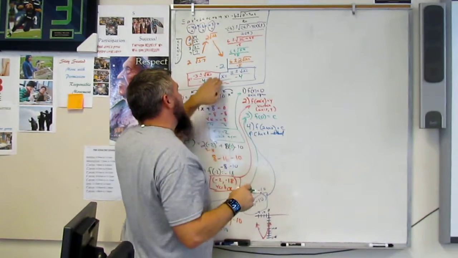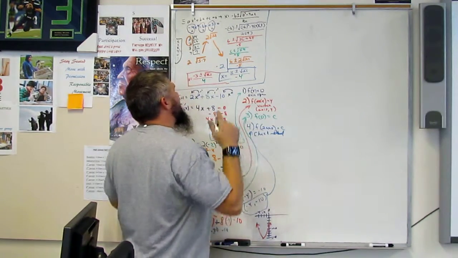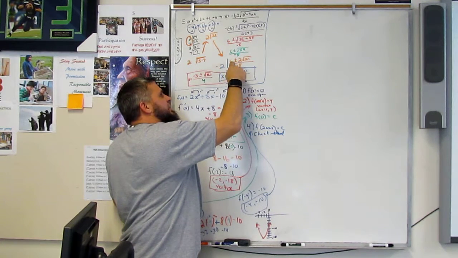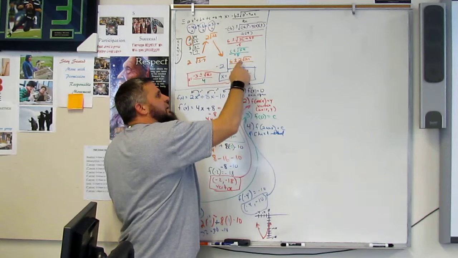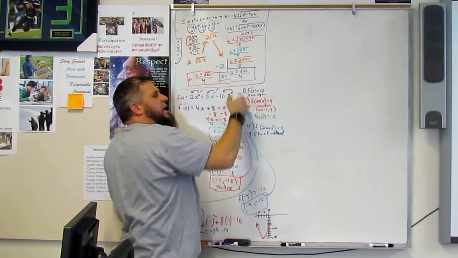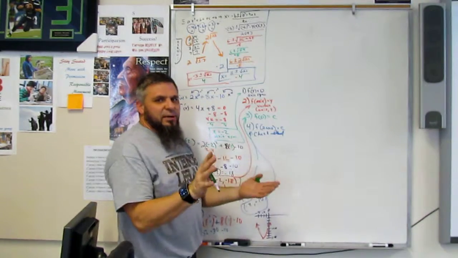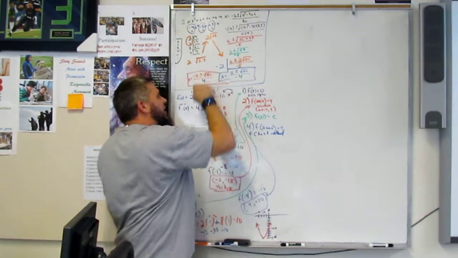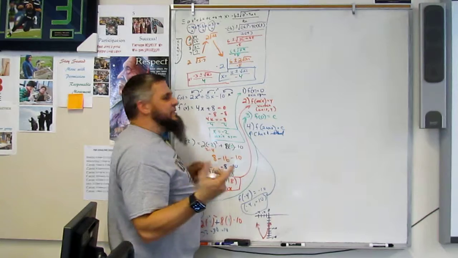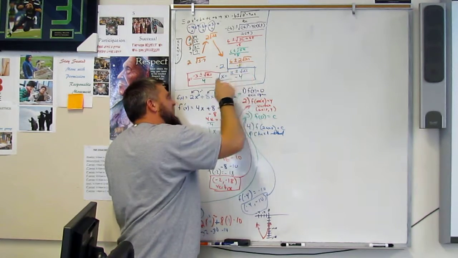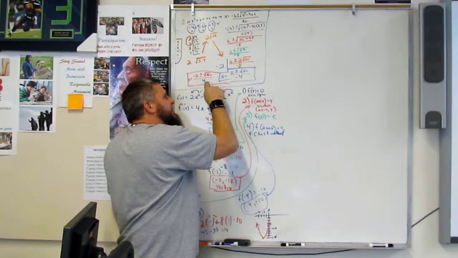And then you could also take out a negative 2. If you take out a negative 2, negative 2 goes into 6, negative 3 times. Negative 2 goes into 2, negative 1 times. All that does is flip these signs. So that's not a big issue. You could have minus over plus, but it's still the same thing. However, when you take a negative 2 out of the negative 8, you come up with a positive 4.